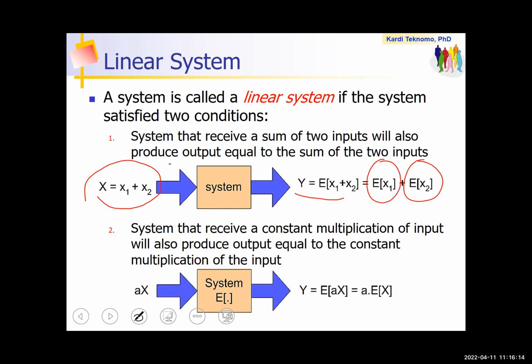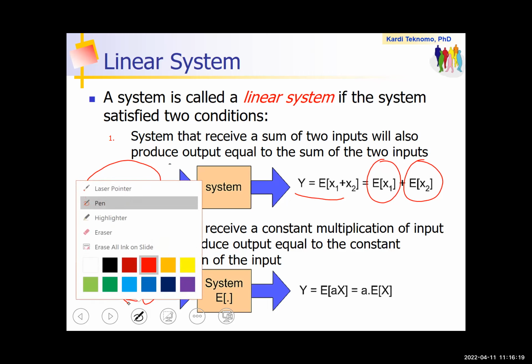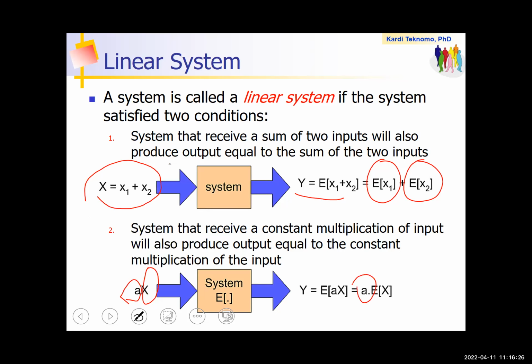For example, if your input is x multiplied by a constant a, then that a can be put out of the output as well, so the output is a times the output of x. If these two conditions are satisfied, then that system or model or function is called linear.